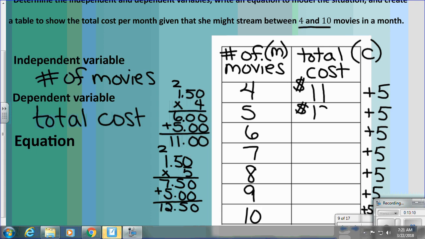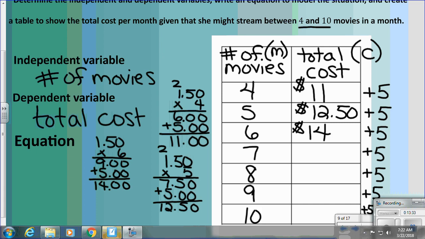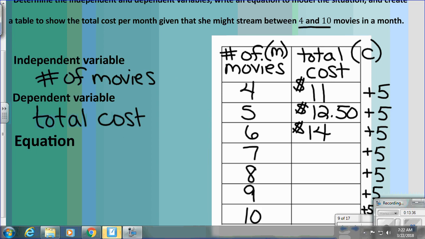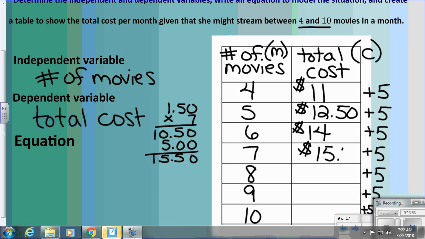So she'd be paying $12.50 if she watches 5 movies. $1.50 times 6 would be $9 plus the $5 would give you $14. $1.50 times 7 would be $10.50 plus the $5 would be $15.50.